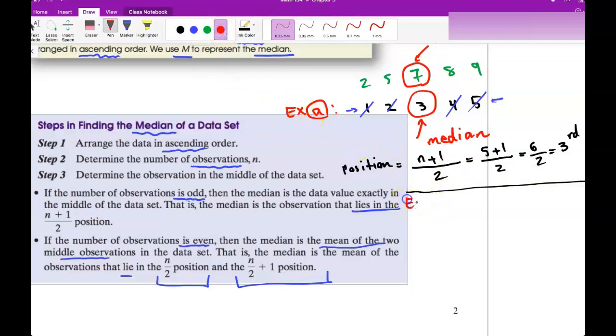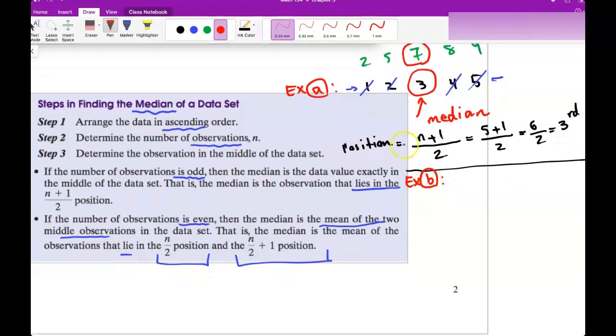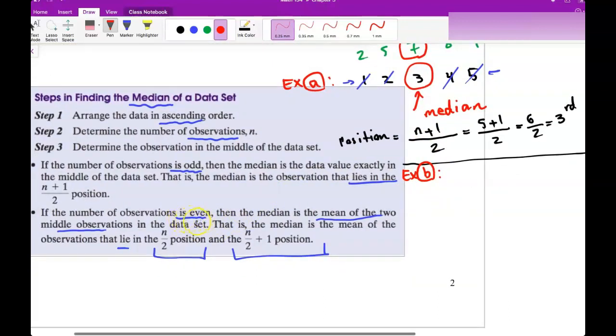And now another example for part B, when n is even, or the number of observations is even. Example: 1, 2, 3, 4. I'm using the easiest example I can have here to start.